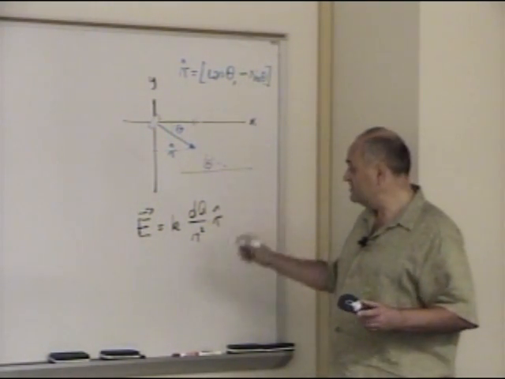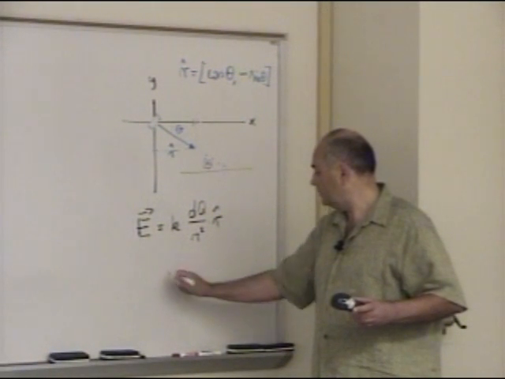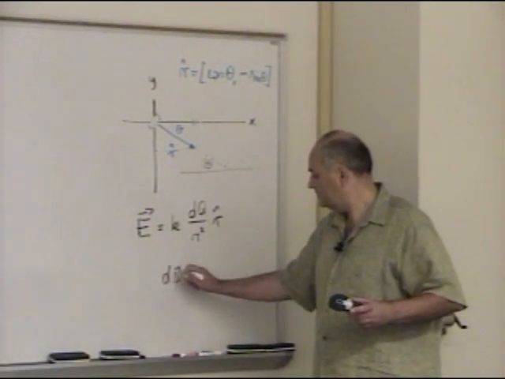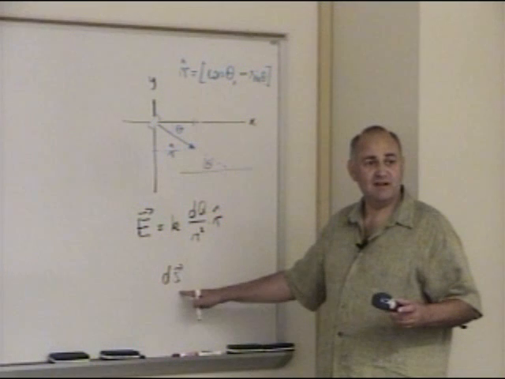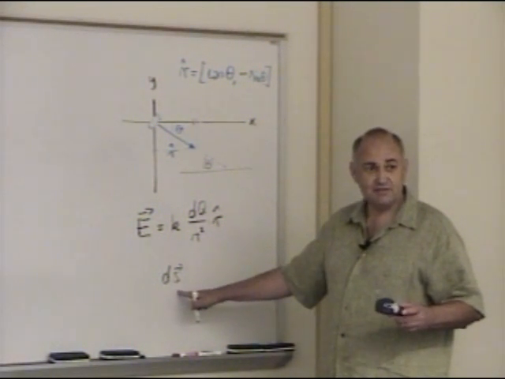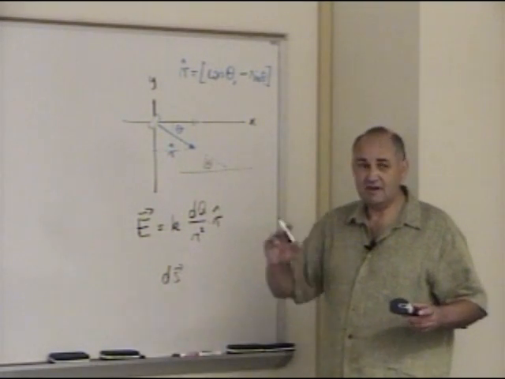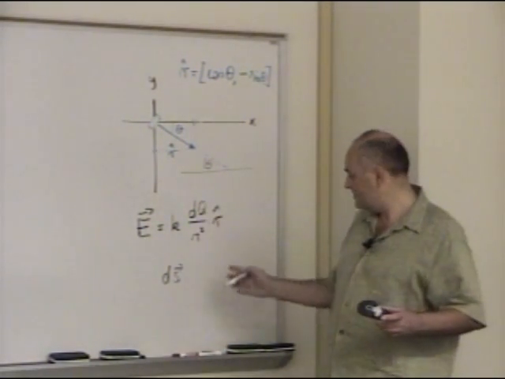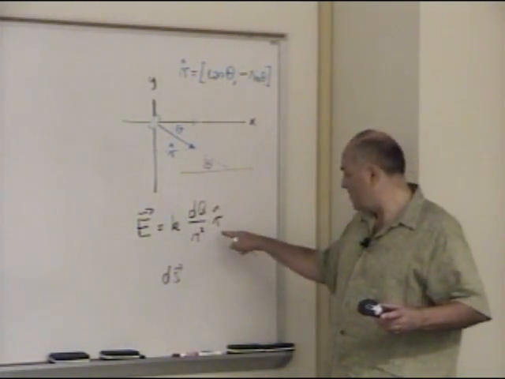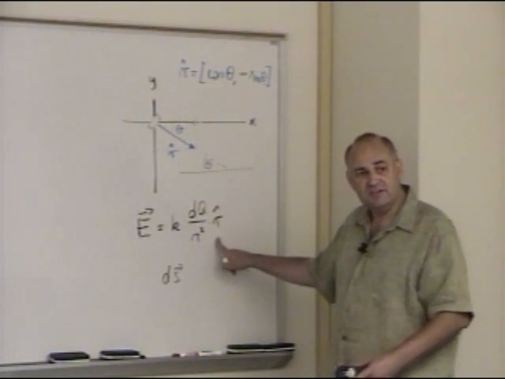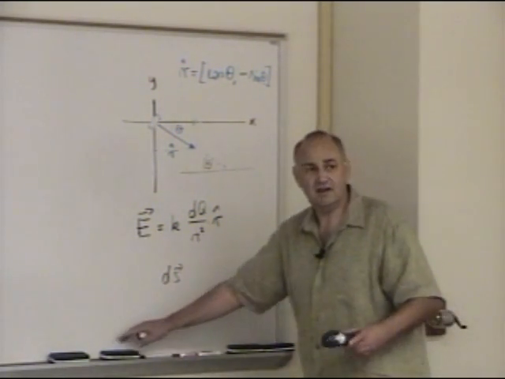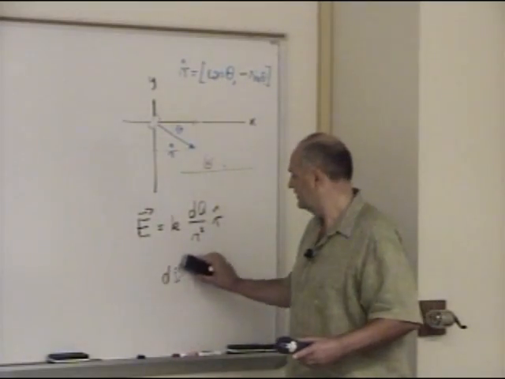Yeah, I know that it's easy to confuse. A few days ago we were using ds, which happened to be along the line. That one is from the segment toward the point of interest. Do you understand that? Am I clear? Yeah, I got it now. Okay, great.